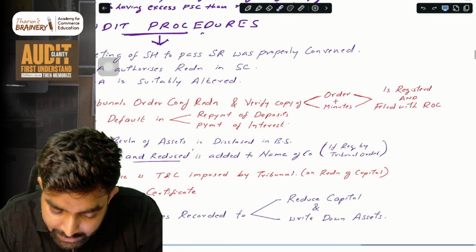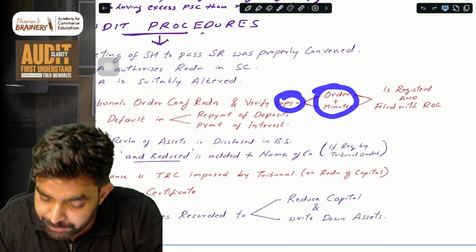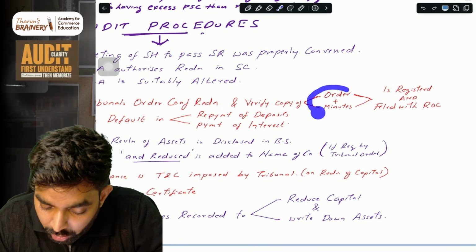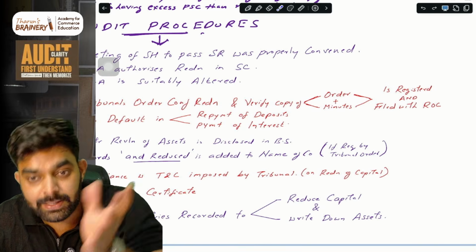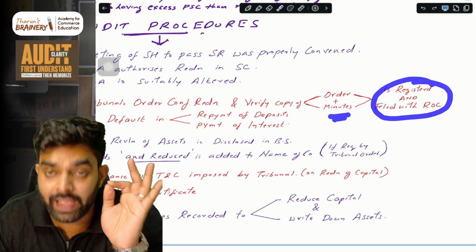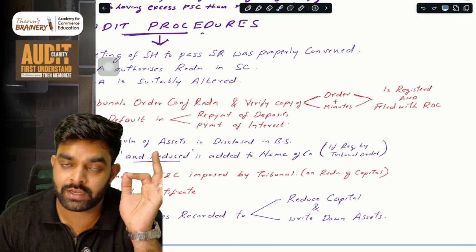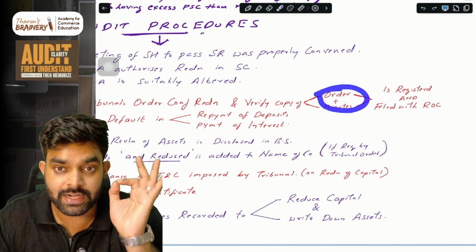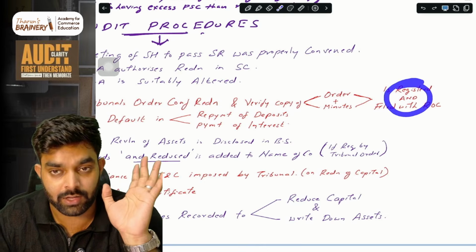Then verify that the copy of this order plus the minutes of the meeting in which they decided are registered and filed with the ROC, Registrar of Companies. Make sure these minutes plus that order are filed with the ROC.